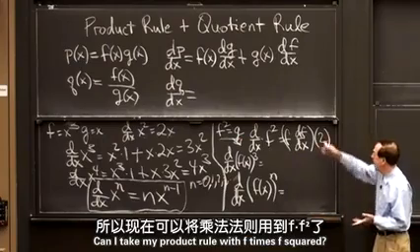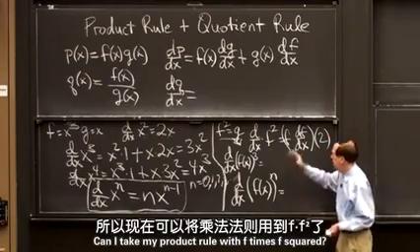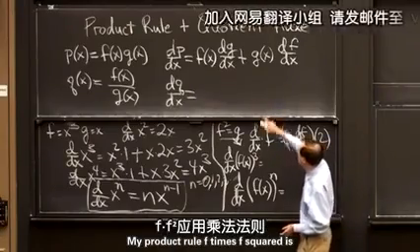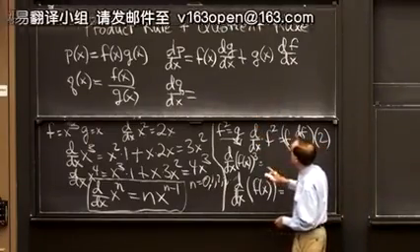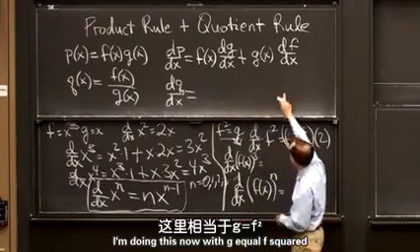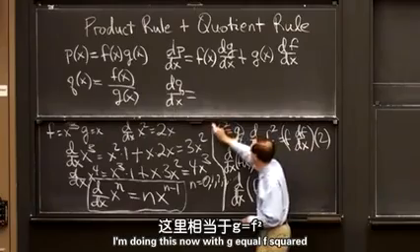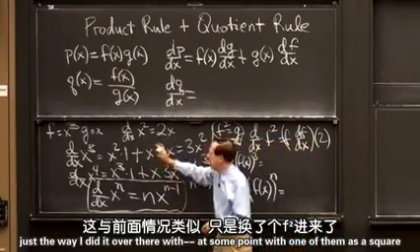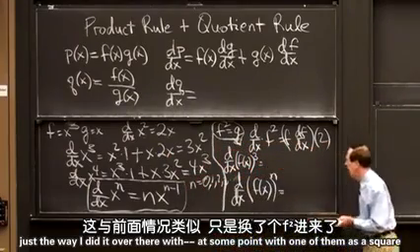Can I take my product rule with f times f squared? I'm doing this now with g equal f squared, just the way I did it over there at some point with one of them as a square.